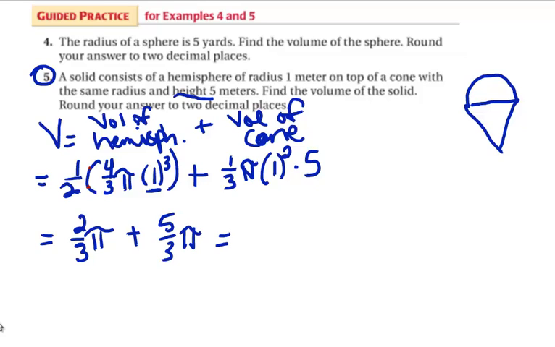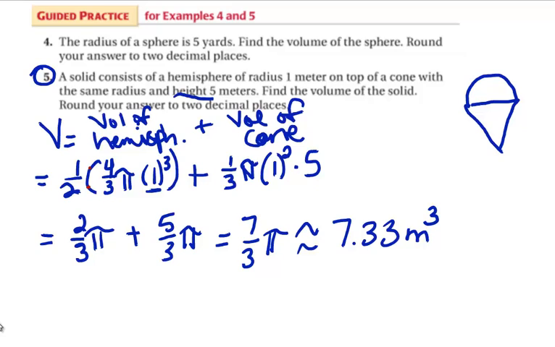And so if I add those together, I would get 7 over 3 pi, which rounded in decimals is 7.33 meters cubed. And that is the end of our last slide.